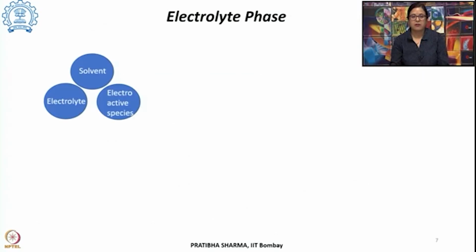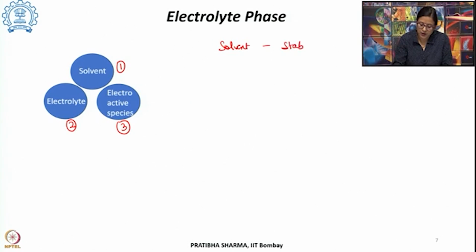Similarly, if we consider the electrolyte phase, there are three components of it: a solvent, which should remain stable under the reaction conditions, an electrolyte, and the electroactive species, and these electroactive species are nothing but the reactants.